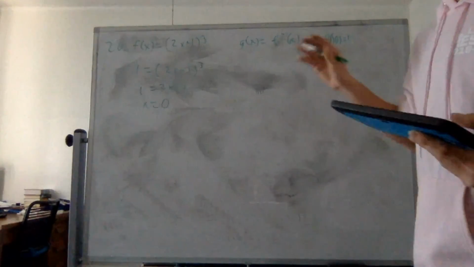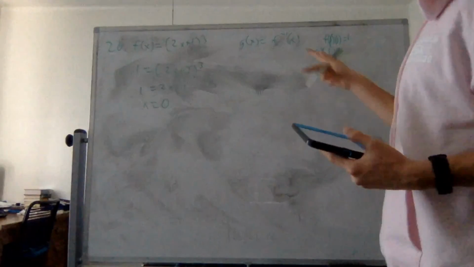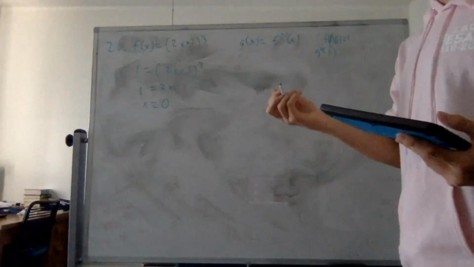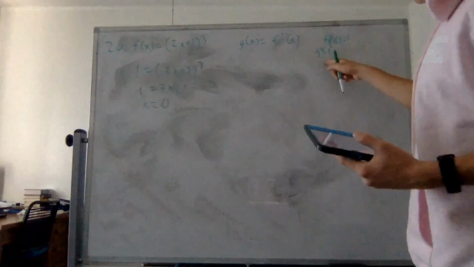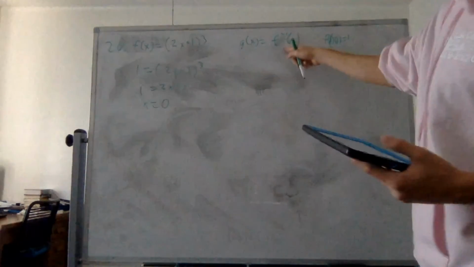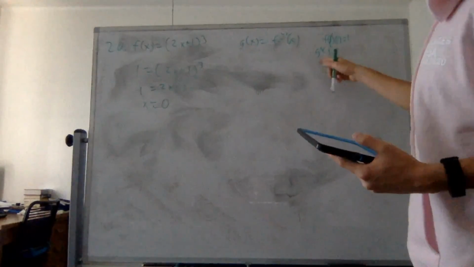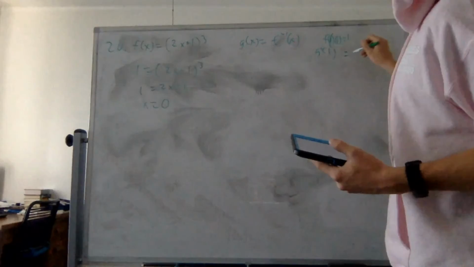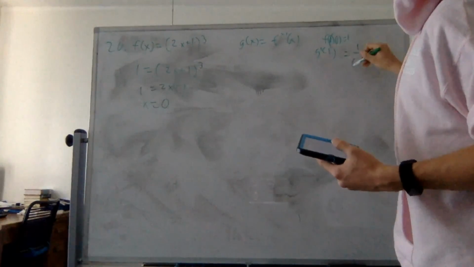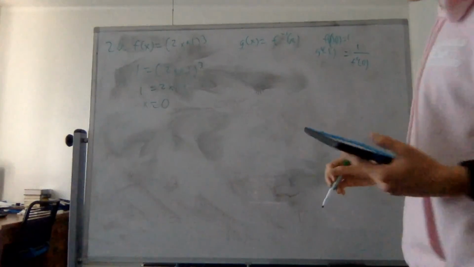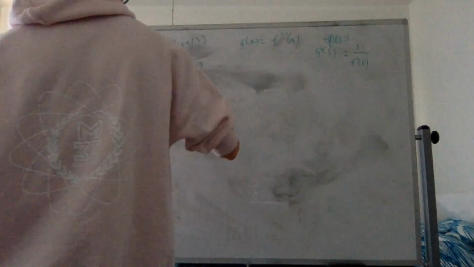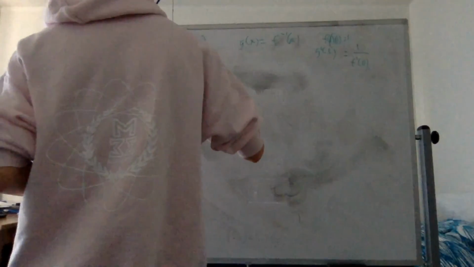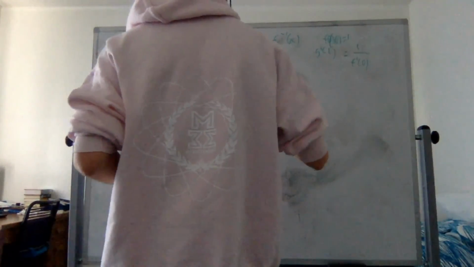So there's a special thing when there's an inverse function, right? The slope of the inverse function is equal to the reciprocal of this one. So g prime of 1 would be equal to 1 over f prime of 0, right? So for that one, now we just need to find the derivative. So f prime of x equals 3 times 2x plus 1 squared times 2.